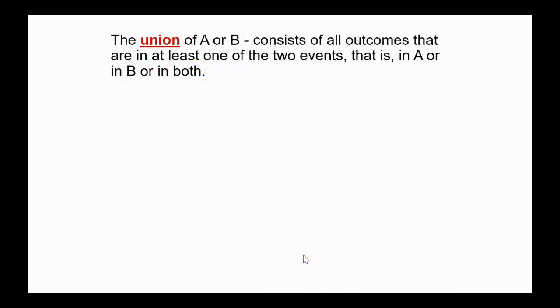Okay, the next thing we're going to look at is the union of A or B. So that consists of all outcomes that are in at least one of the two events. That means they could either be in A, they could be in B, or they could even be in both.